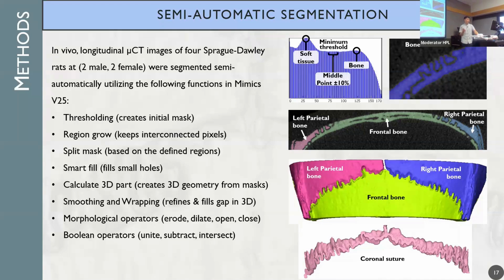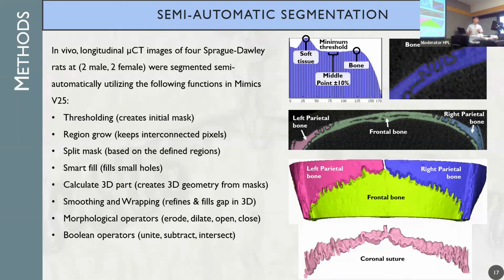So instead of making a time-consuming manual segmentation, I tried to put together a few built-in functions of Mimics to make a semi-automatic segmentation. First, the minimum threshold was determined based on the histogram of soft tissue and bone, and then an initial bone mask was created, and then it was separated into different bones using the split mask operation.